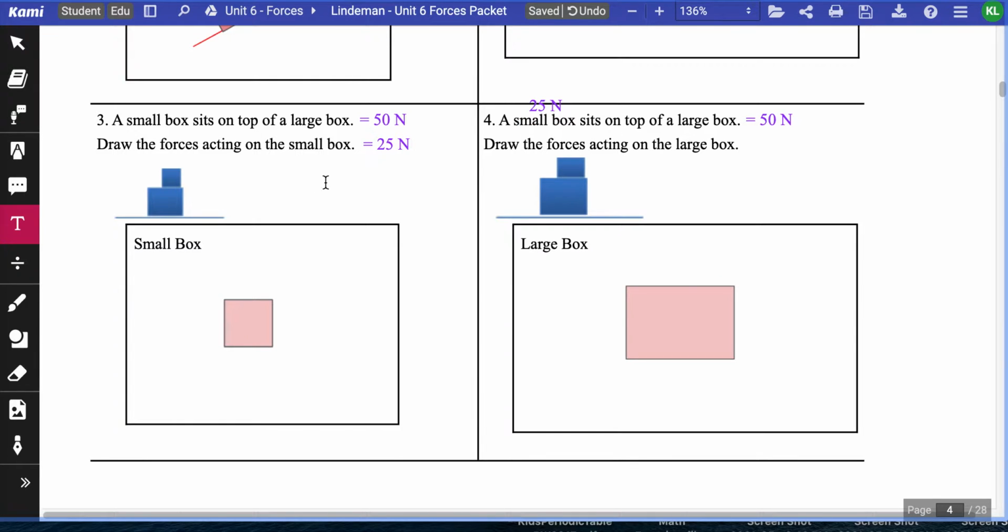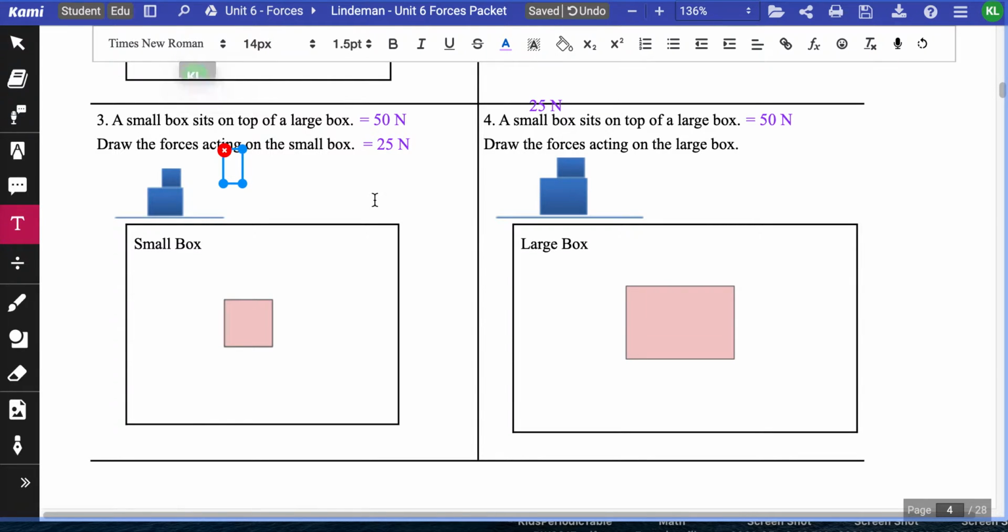Okay, so how are we going to deal with this? So the trick here is, whenever you have stacked objects, because stacked objects is definitely something you're going to see on your first assessment, and I think it's as tricky as these can get.